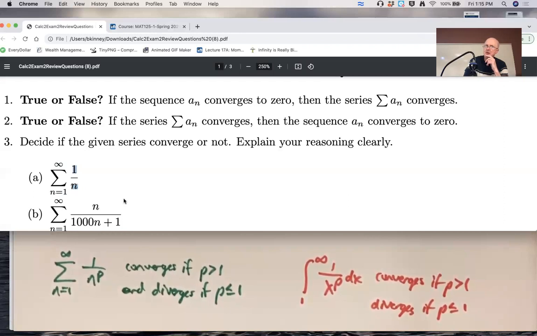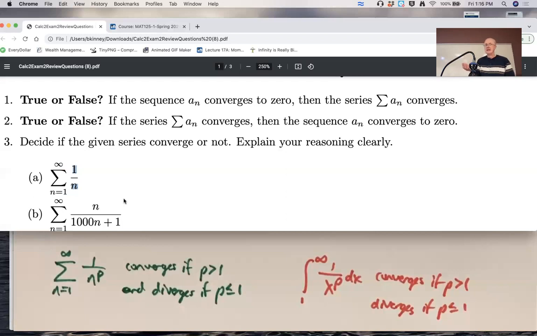What does that imply about one of the answers to either number 1 or number 2? Okay, I'll say it's the answer to number 1. What does the fact that A is the harmonic series and diverges imply the answer is to number 1? Go ahead. False. Yeah, 1 is false. And the harmonic series provides an example where it's false.